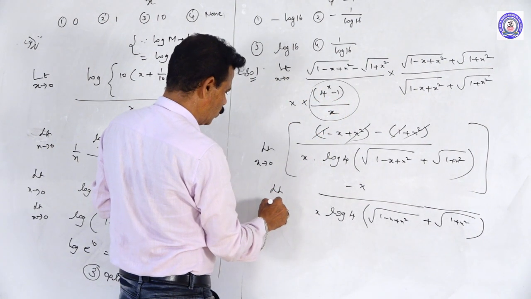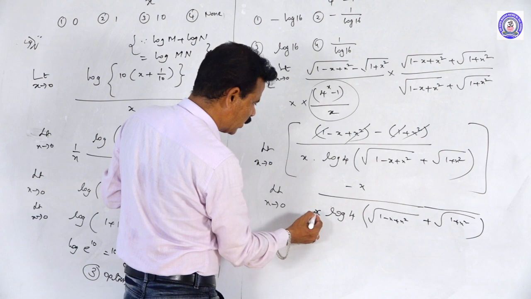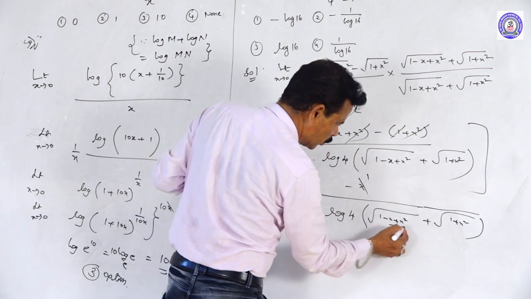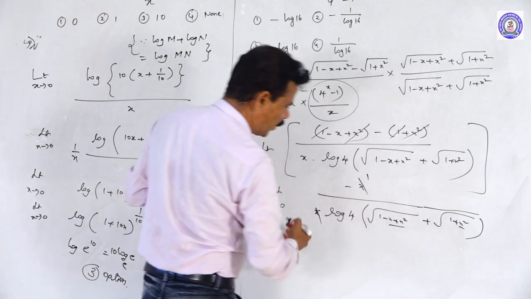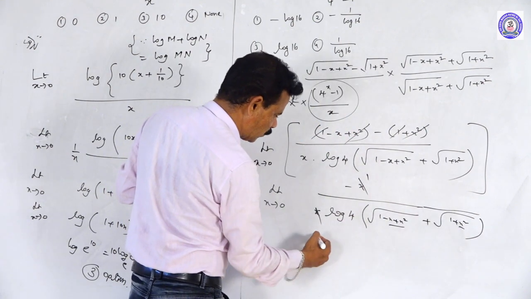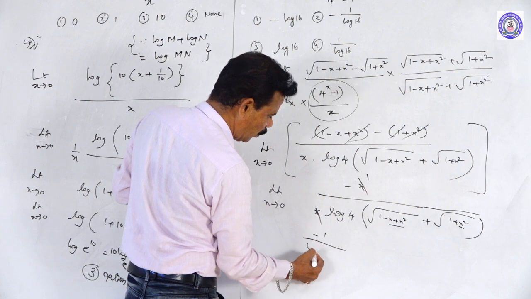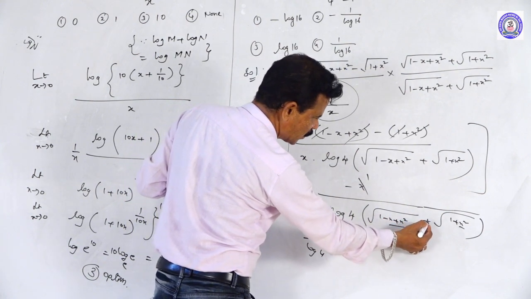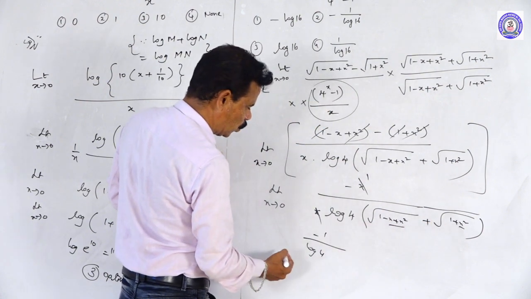Limit x tends to 0. Here the x term, this is cancelled by 1. This is 0, this total term is 0. So what is remaining? Minus 1 divided by log 4. This is 1, root of 1 is 1, and it is also 1, so 2.